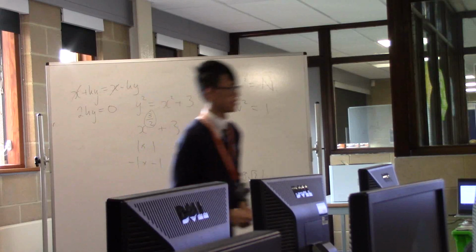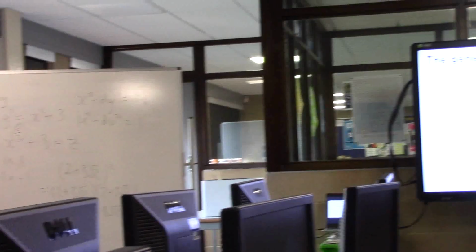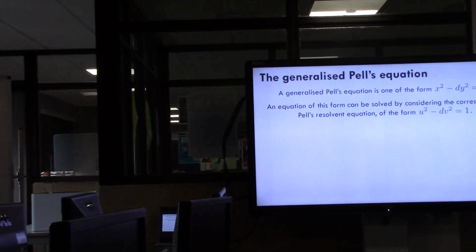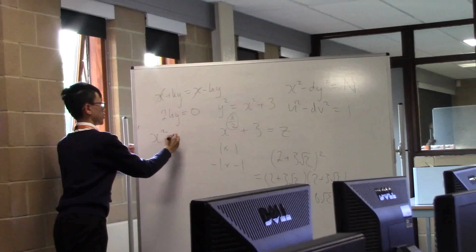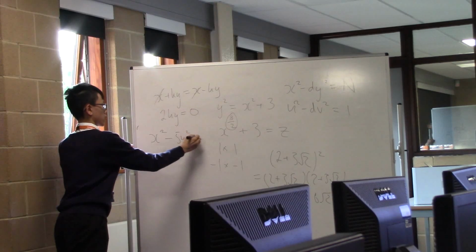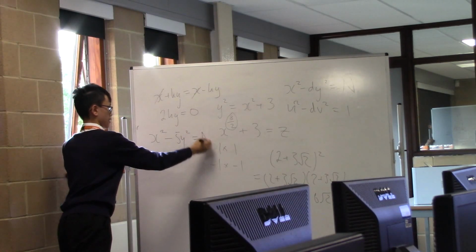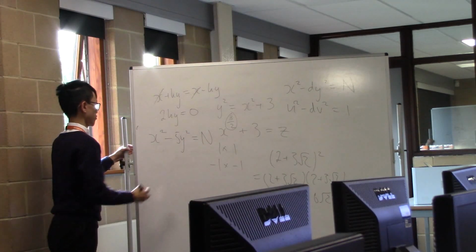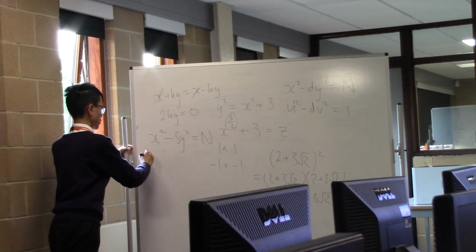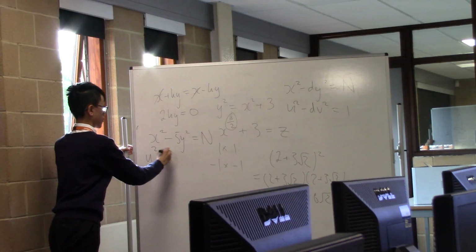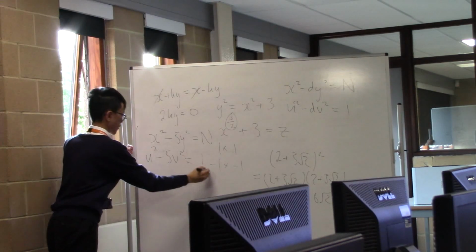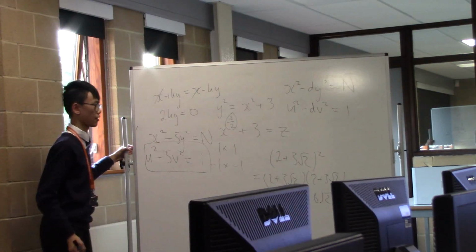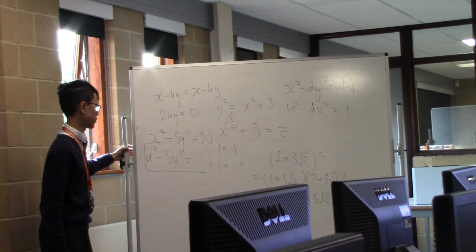I'll give you an example. If we're trying to solve x squared minus 5y squared equals n, then we could consider the Pell's resolvent equation, u squared minus 5v squared equals 1, and solve this equation like we would the previous Pell's equation.